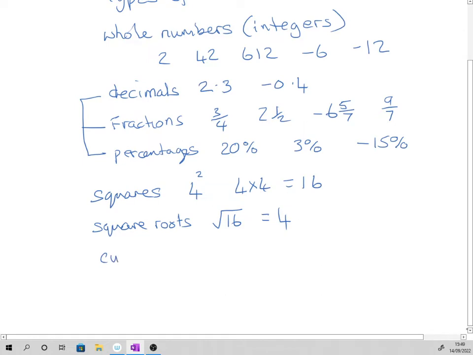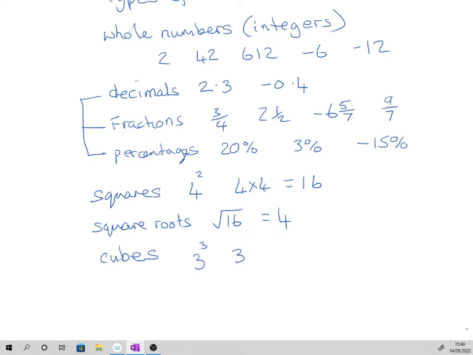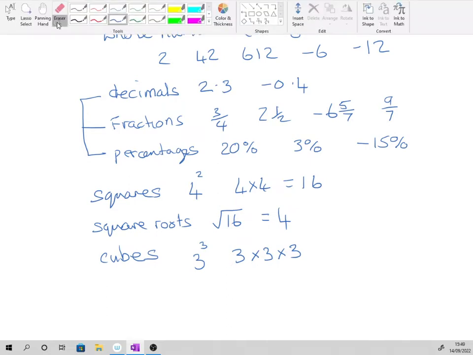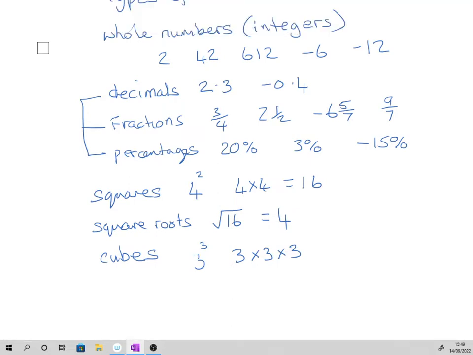We've got cube numbers, cubes, and a little 3 at the top now instead of a 2. So this means we've got to multiply this number. I'll show you another number because we don't want to get mixed up with which 3 we're on about.